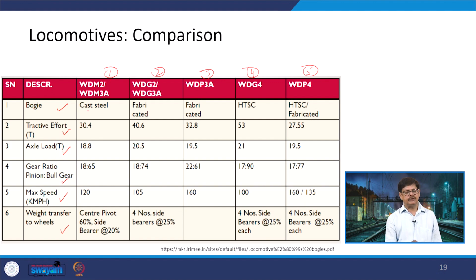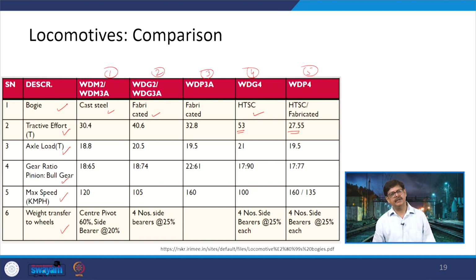If we talk about the bogie and move from one to another, what we found is that cast steel fabricated systems, the HTSC fabricated systems, have been used for the manufacturing of those bogies. Then in the case of tractive effort, it varies from 27.55 tons to as high as 53 tons in the case of WDG4.